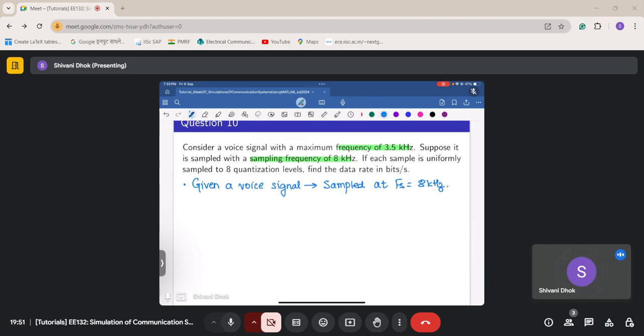So what do we mean by sampled at 8 kilohertz?